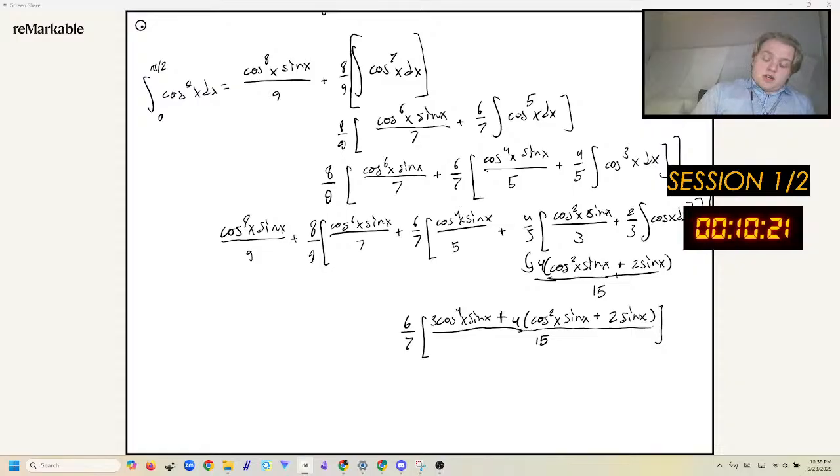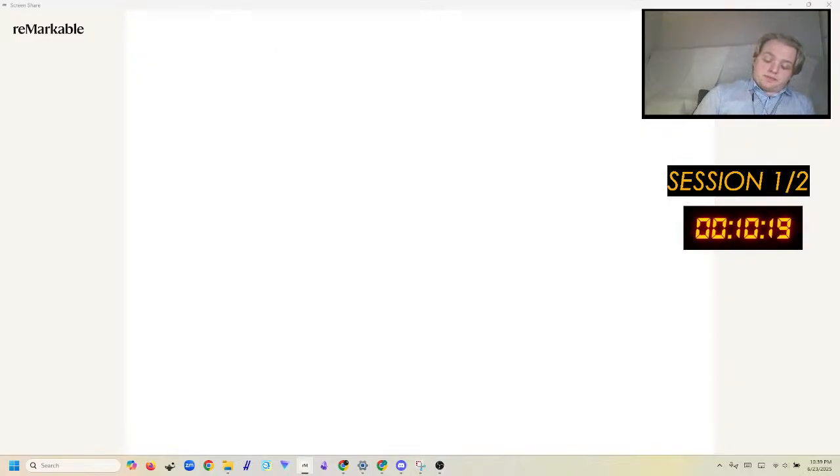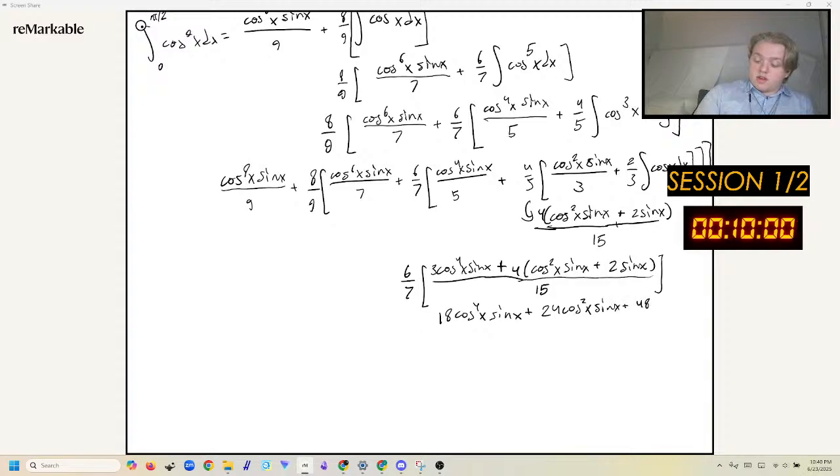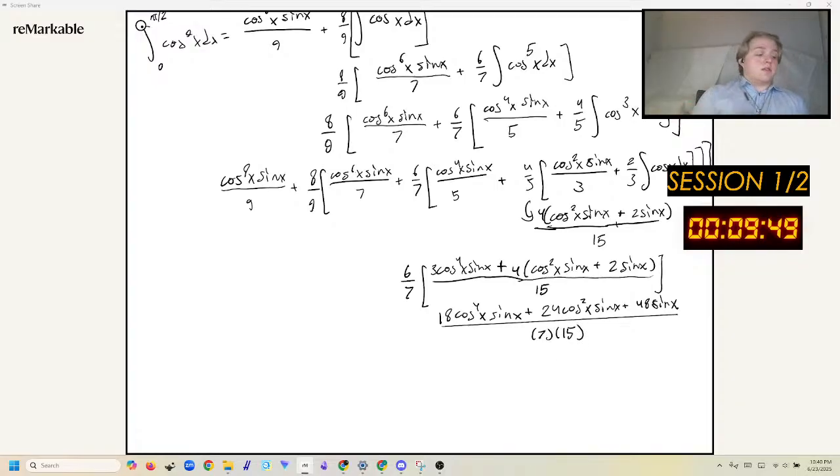Oh gosh, this is getting nasty. That is going to yield 18 cosine 4th x sine x plus 24 cosine squared x sine x plus 48 sine x all over, I'm just going to leave it as 7 times 15.